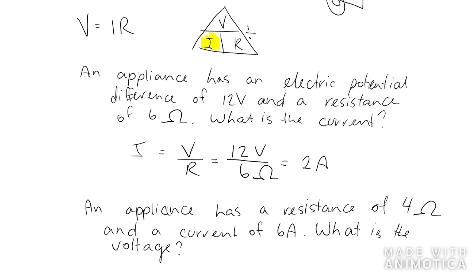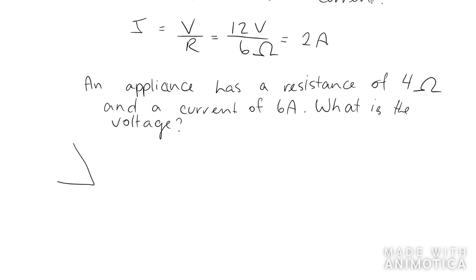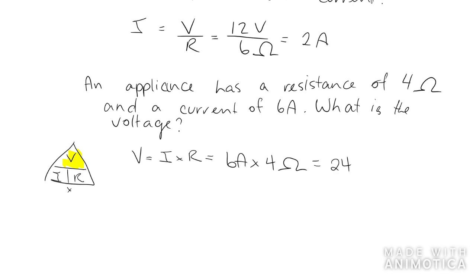Okay, so we look at our triangle, V over I, R. We're looking for V, so that means it's going to be I times R. Our I is 6 amperes times 4 ohms, which is 24 V, which is volts.